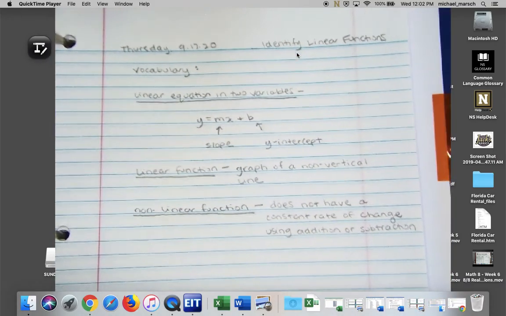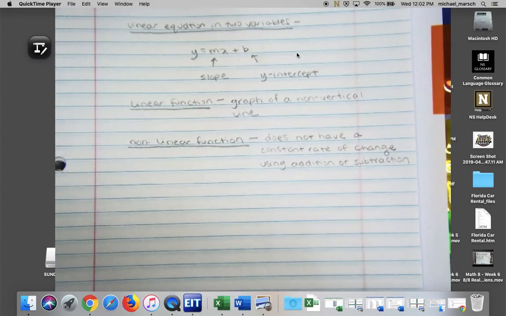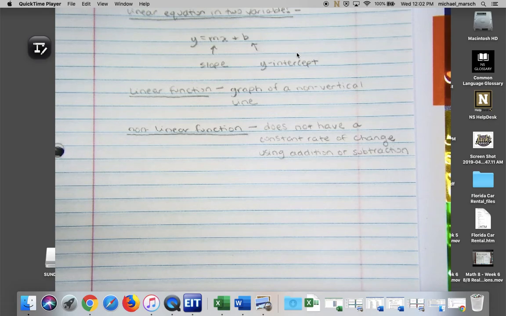That's another key point: your rate of change has to be by addition or subtraction. Multiplication looks cool, but that's not a constant rate of change. You don't have the same thing happening between each ordered pair. Right now this all kind of seems like gibberish, but we're going to start applying it. You'll be like, oh, that's why we needed that vocab.